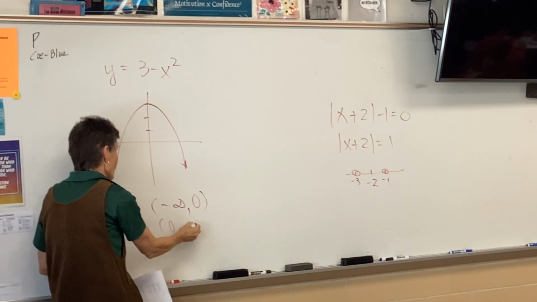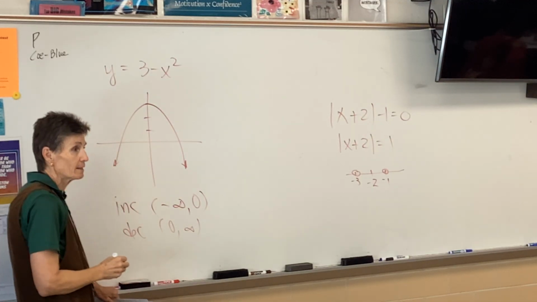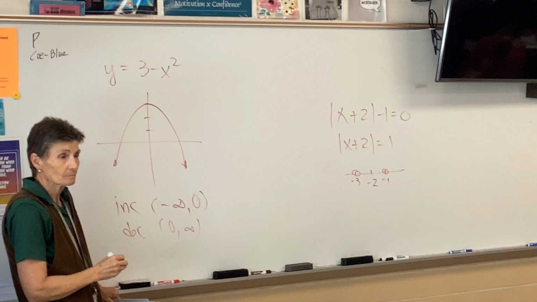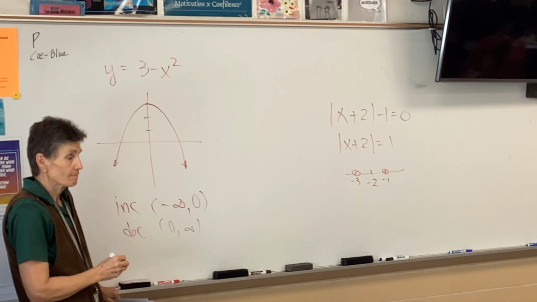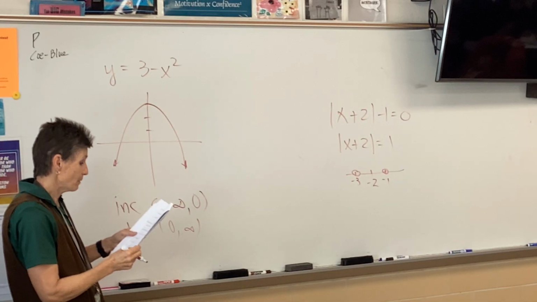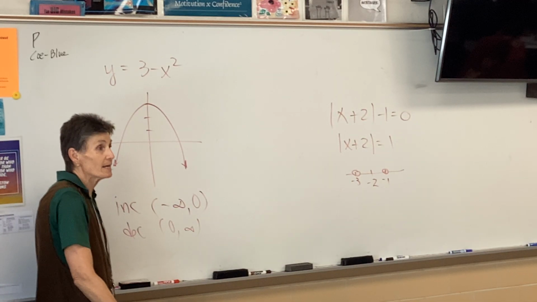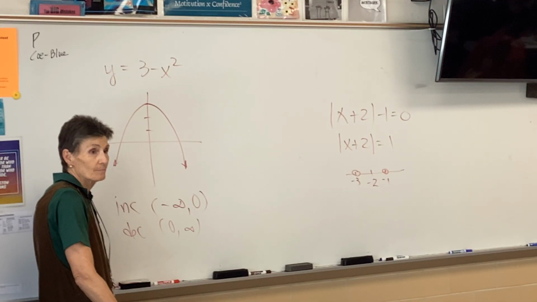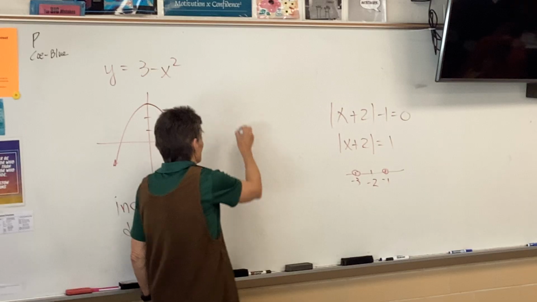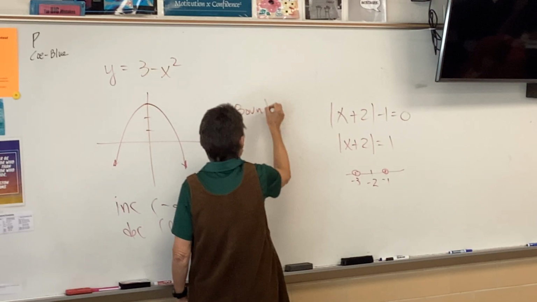And then from 0 to infinity, I am going down. Bounded above. Does it have a ceiling? Yes, it does. Bounded above where? Y equals 3.